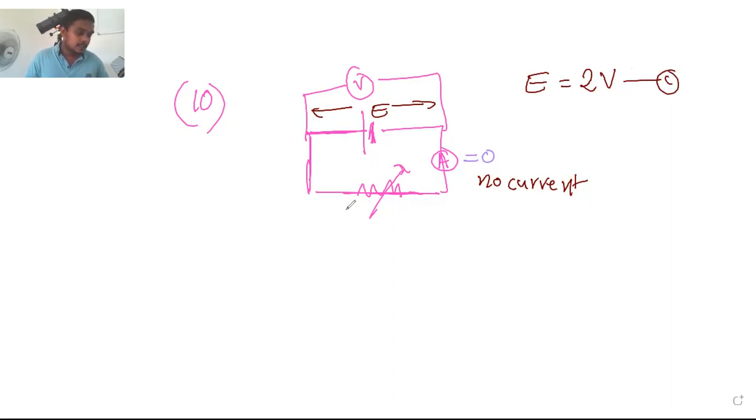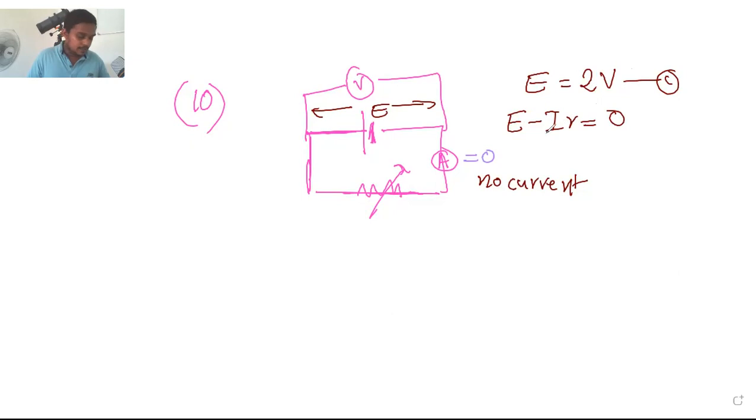Second part, when the reading of the voltmeter changes to zero, voltmeter zero means when the current is going, E minus IR, we discussed, is equal to zero.